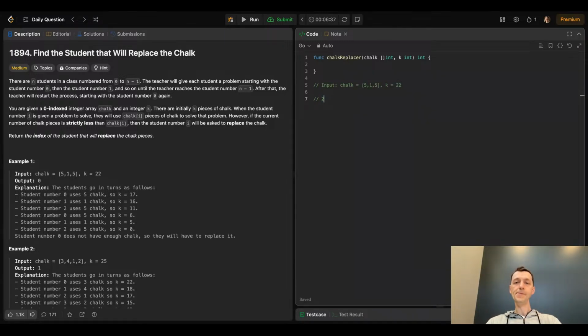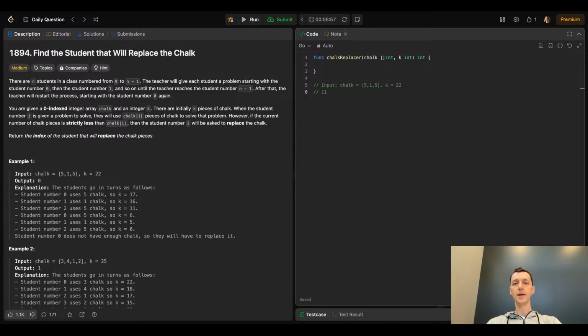The entire class has a full round consumption of 11: 5 plus 5 plus 1.